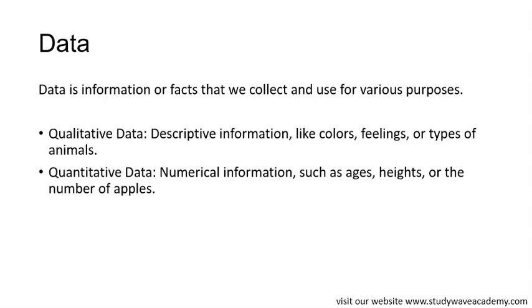Qualitative data is descriptive information, describing how somebody feels, the colors people like, the types of animals people prefer. Quantitative data is numerical information: age, height, number of apples, number of oranges, okay?